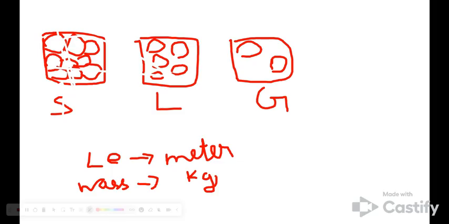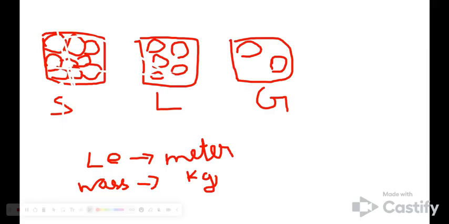Significant figures. Significant figures has 4 rules. Non-zero digits count, like 45 has 2 significant figures. Zeros between numbers count, like 405 has 3 significant figures.